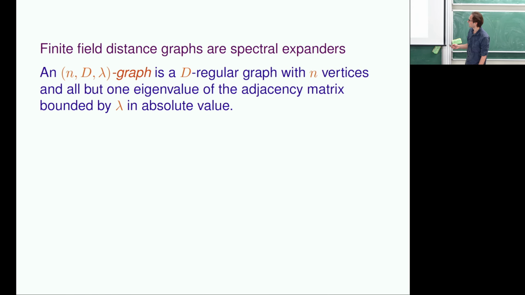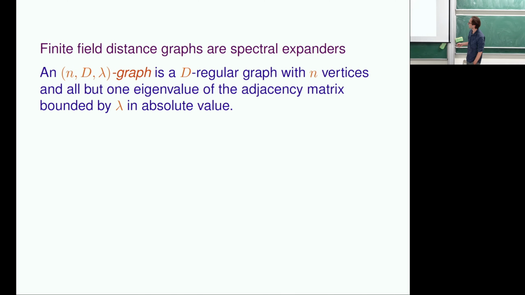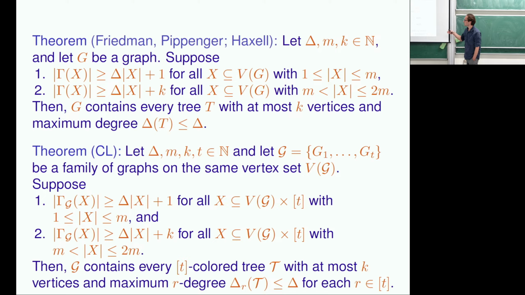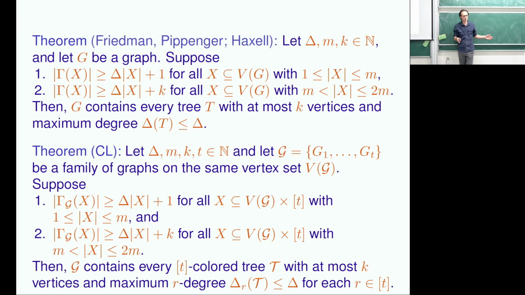So once we have this, it's not immediate that, I mean, we have some family of ND lambda graphs, which are the distance graphs for each distance in our set.